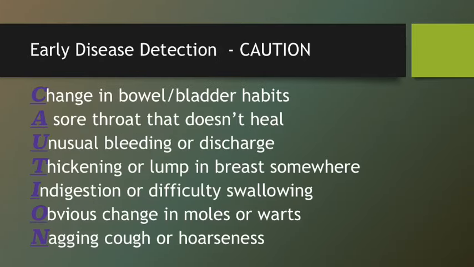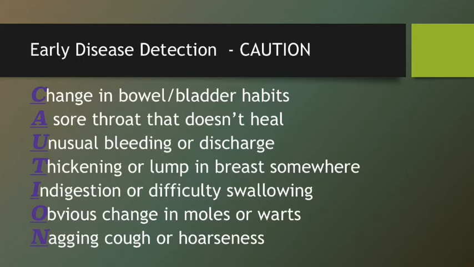All right, so when you're talking to your patient about monitoring for cancer, you can tell them some things that they need to look at. Early disease detection uses this CAUTION mnemonic: change in bowel and bladder habits, a sore throat that doesn't heal, unusual bleeding or discharge, thickening or lump in the breast somewhere. And thickening means either in the tissue or the skin.